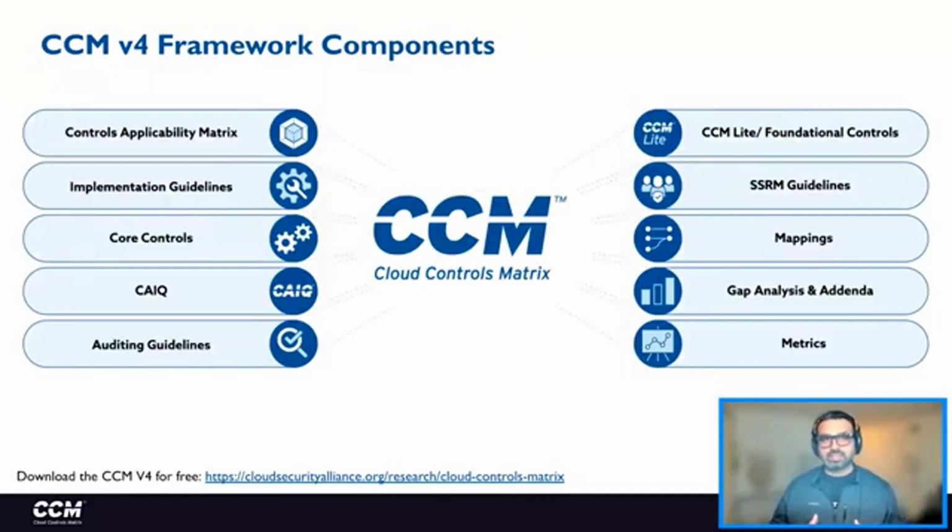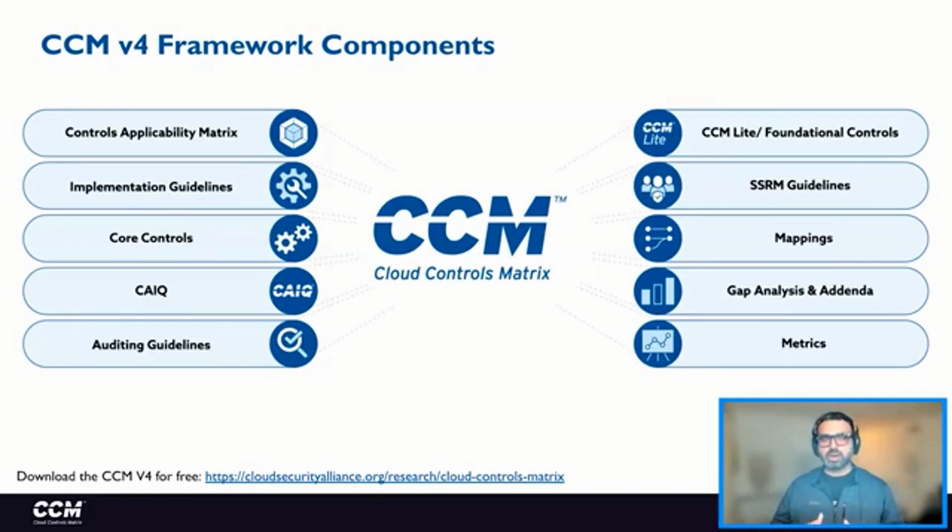So what are the components of the framework that make up CCM v4? It covers a wide range of tools and resources, including the Controls Applicability Matrix, which I often call CAM, implementation guidelines, and auditing guidelines, to address various aspects of cloud security.